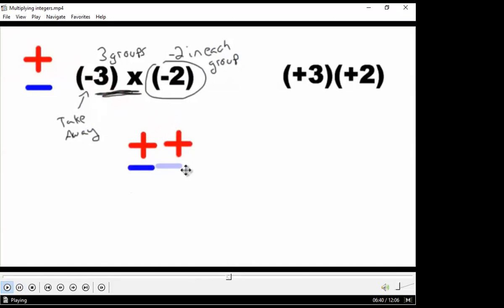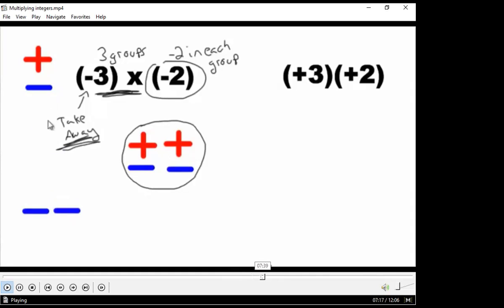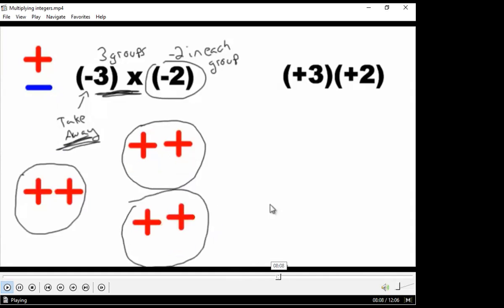Okay? Then you are looking for 3 groups, and each group has how many negative numbers? Has 2, right? Then I'm going to prepare for you 3 groups like this.